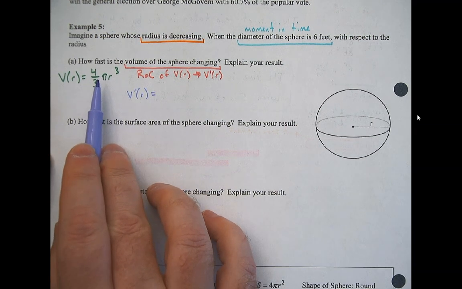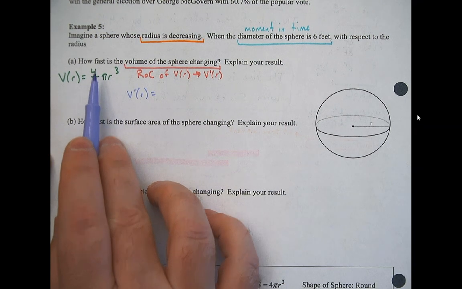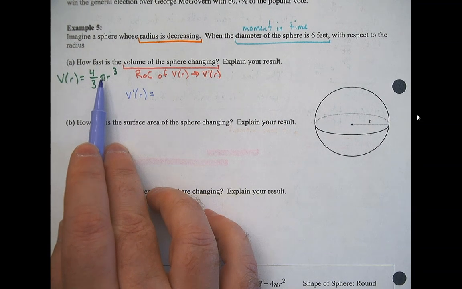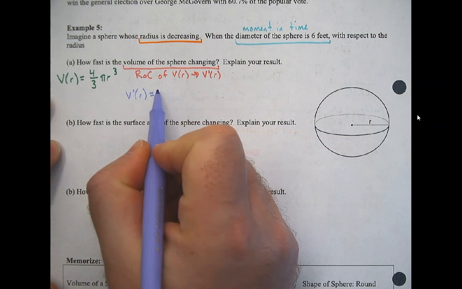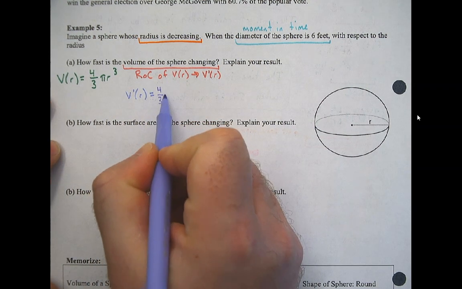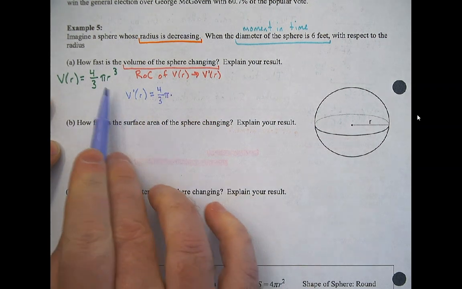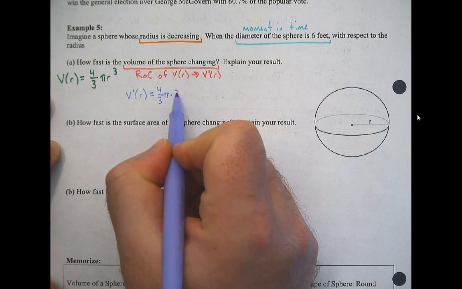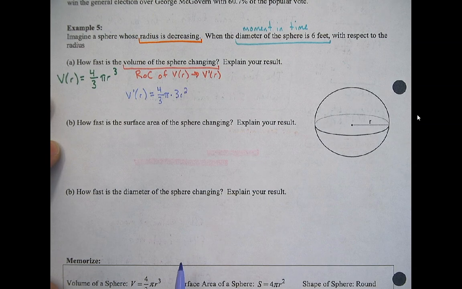Well, this is nice. This is just a straight up power rule. 4/3 and pi are coefficients, so they're just going to carry on as my coefficient. So it's going to be 4/3 pi times the derivative of r cubed. R cubed's derivative is 3r squared.